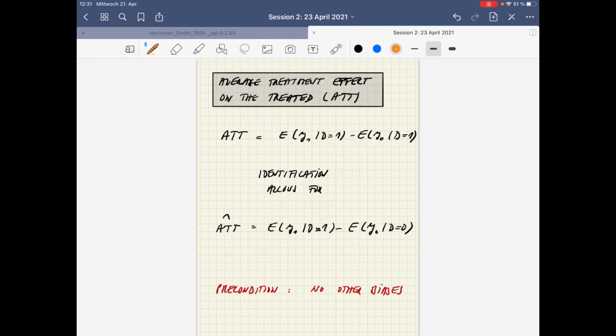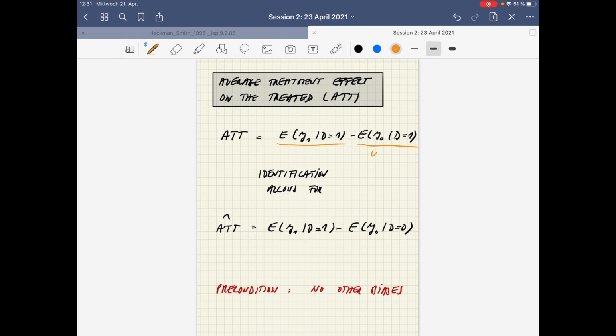So what is the average treatment effect on the treated, ATT? That's the difference between the observable mean outcome of the program group and the unobservable counterfactual behavior of the program group.